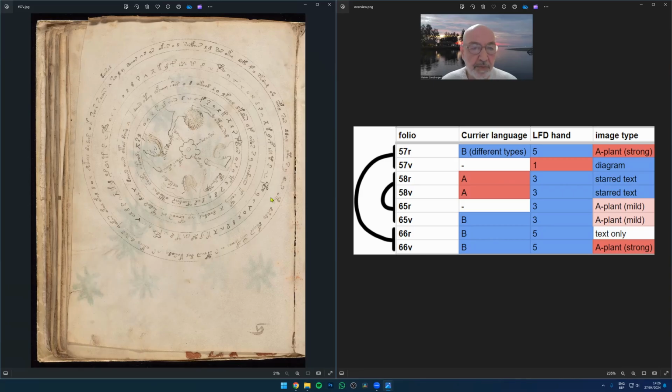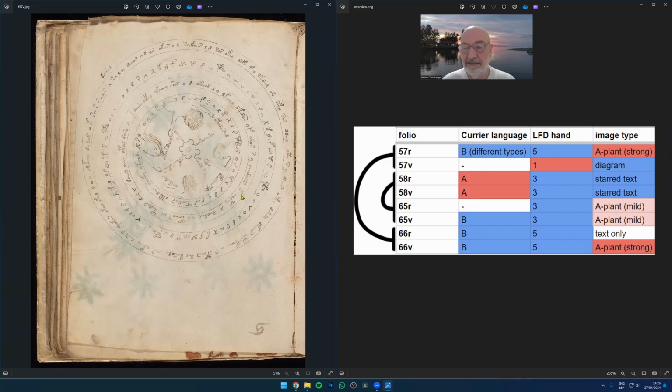And just by looking at the existing words, this is much more like a language. So in that sense, you also have both different languages on one bifolio. So the idea that these two bifolios are together is already in a way consistent because they're both a mixture. And with the hands being different, it's obvious that these were created by different people. They're consistent in their inconsistency, you might say.